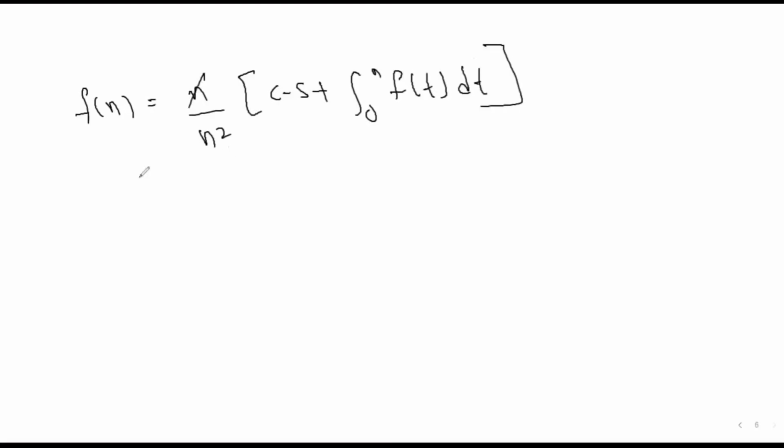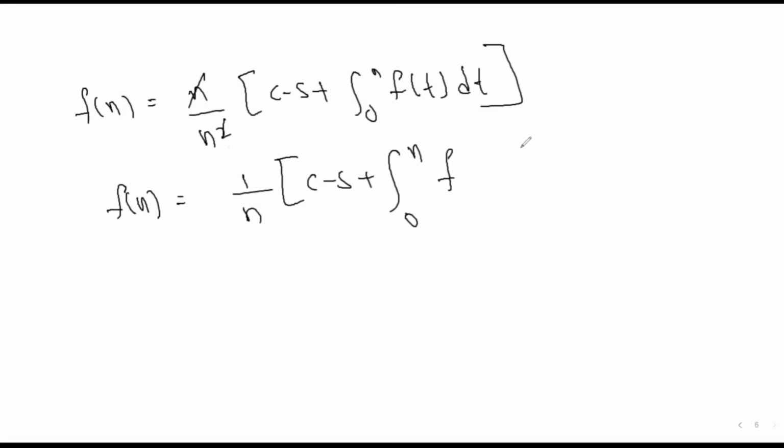So n square gets cancelled. f of n equals 1 divided by n into C minus S plus integration from 0 to n f of t dt, right? So our function f of n is nothing but the average annual cost, right? I mean, what we wrote, both are the same.